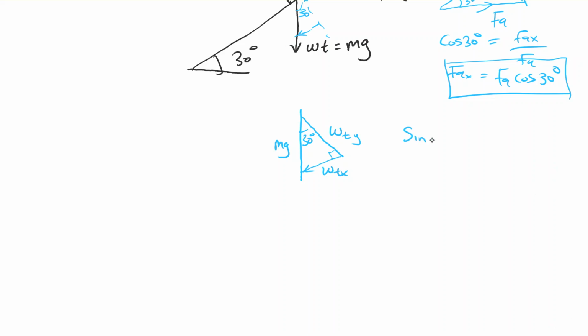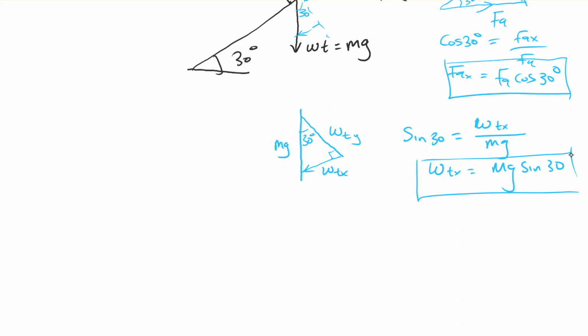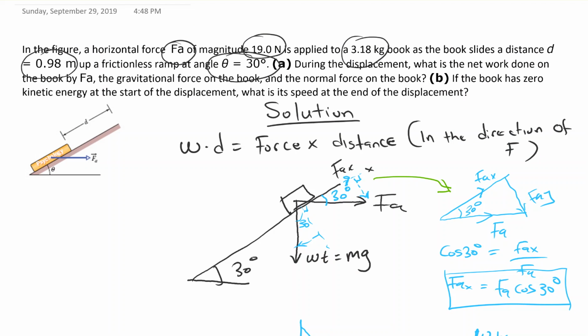So sine 30 is equal to WTX over mg. So we can find WTX equal to mg sine 30. So these are the two components of forces acting along the direction of travel.